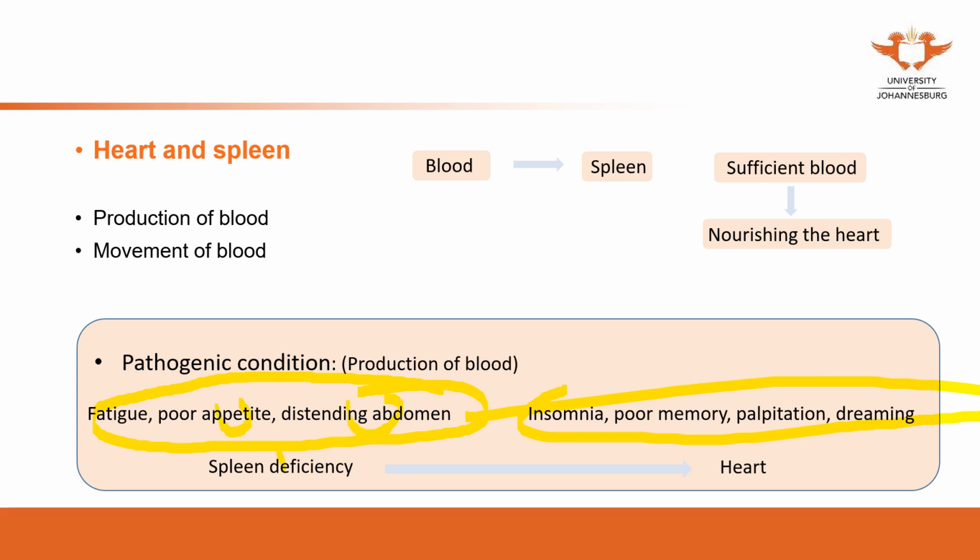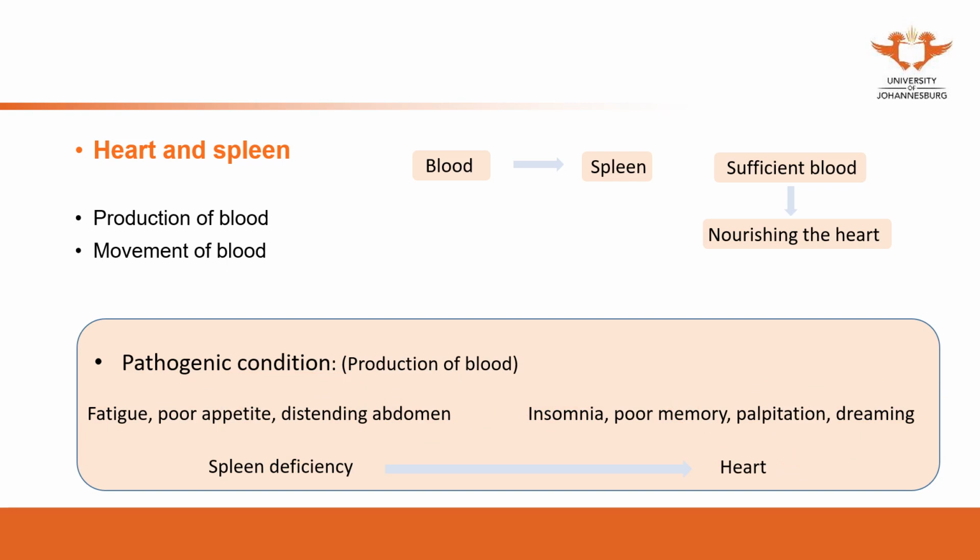These are due to the spleen. Insomnia, poor memory. These are mental activities related to the heart. Palpitation, the heart beats, dreaming, the psychological activities. So these are actually the different examples in our clinic.